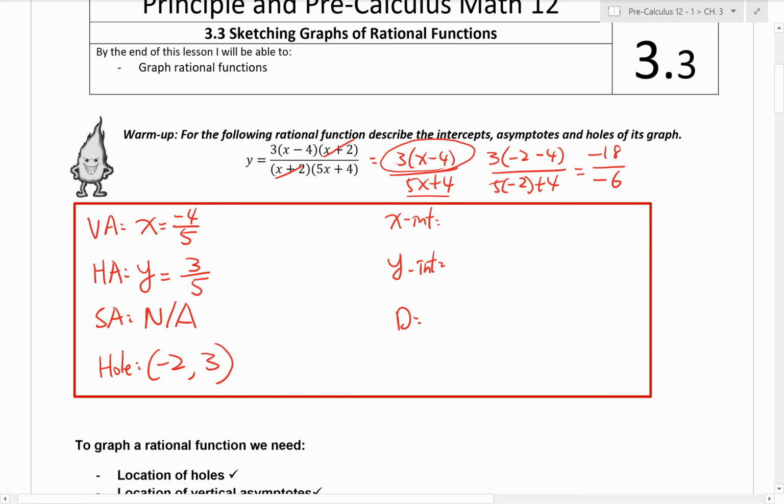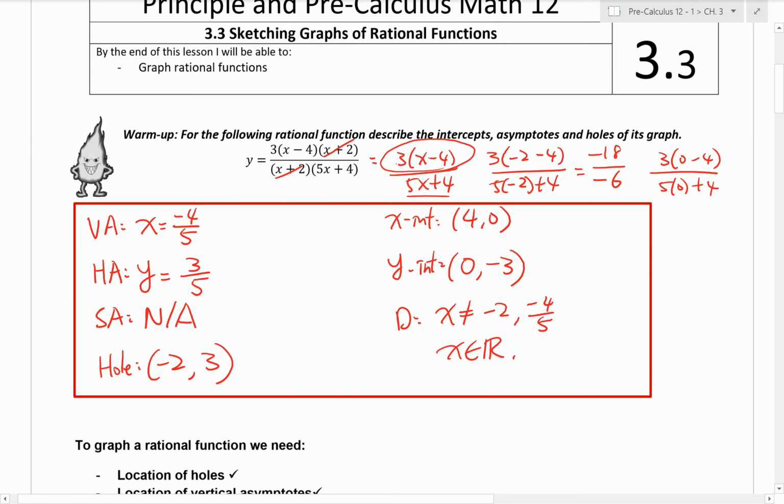In that case, I think it's clear, 4 minus 4 is 0. So the x-intercept is (4, 0). The y-intercept is when you plug in 0 for x, and you should get negative 12 over 4, that's negative 3. And then the domain is going to be x not equal to negative 2 nor negative 4 over 5, but it could be everything else. And I'm not going to worry about the range right now.